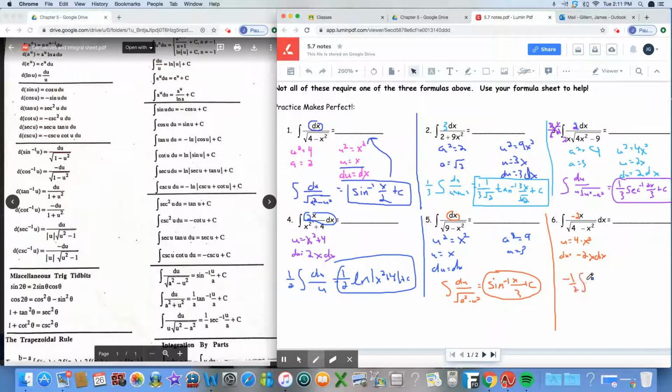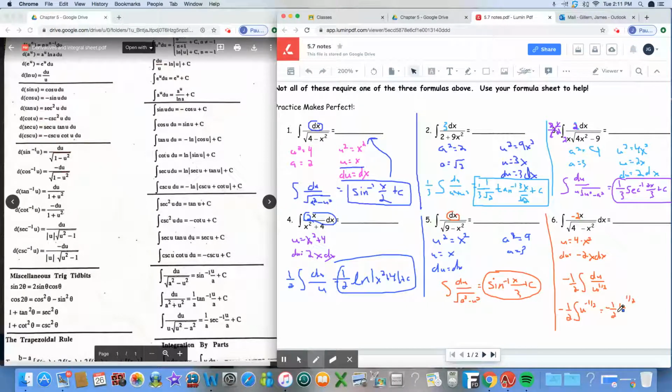And I get du over square root of u, which is u to the 1/2, which means I have -1/2 integral of u to the -1/2. Just do basic integration. So that's what? -1/2 u to the 1/2.